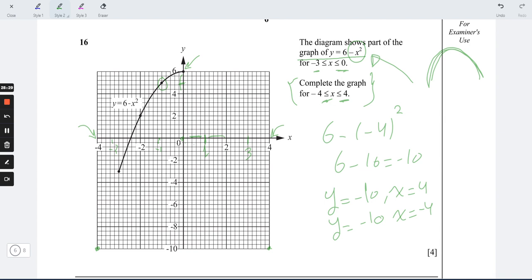You can use 2 again: 2 minus 2 squared. 2 squared is 4. 2 minus 4 is minus 2. So minus 2 and minus 2 here. Now you can connect these points together, like this.